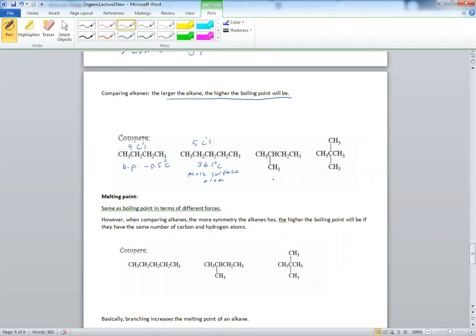Now, the moment we start with the branching, notice how you have a branch here, the boiling point dips to 27.9 degrees Celsius. And once again, this happens because you have a smaller surface area now.